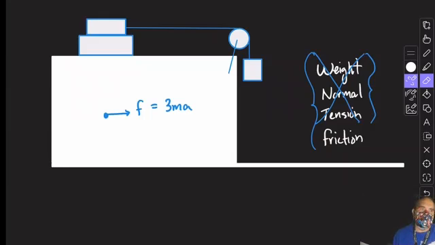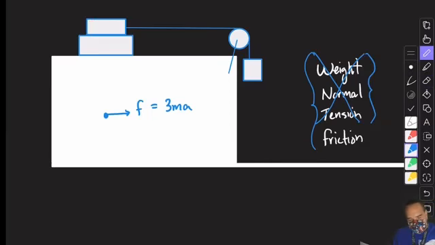Yes, sir? I'm not understanding how to find normal forces. All right, so the next question was, how do we find the normal forces for the blocks over there? So we have block 1 and block 2. Let's address them individually. Block 1 is only in contact with one surface, the block beneath it.